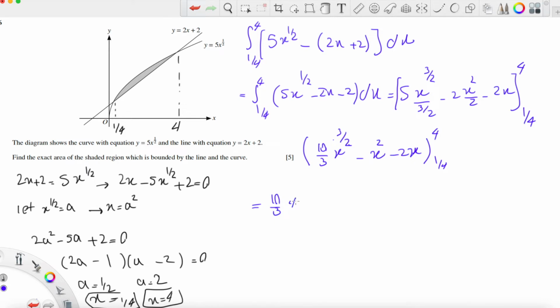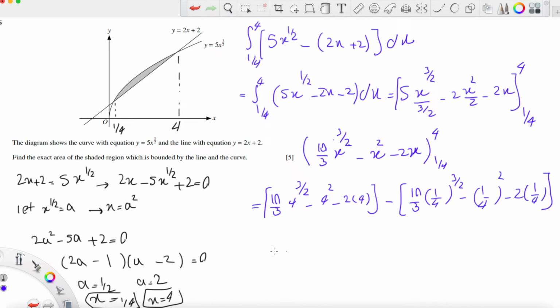So let me first write the substitution. 4 to the power of 3 over 2 minus 4 squared minus 2 times 4 for the upper bound, and for the lower bound 10 over 3, 1 over 4 to the power of 3 over 2 minus 1 over 4 squared minus 2 times 1 over 4, which simplifies to 80 over 3 minus 16 minus 8.